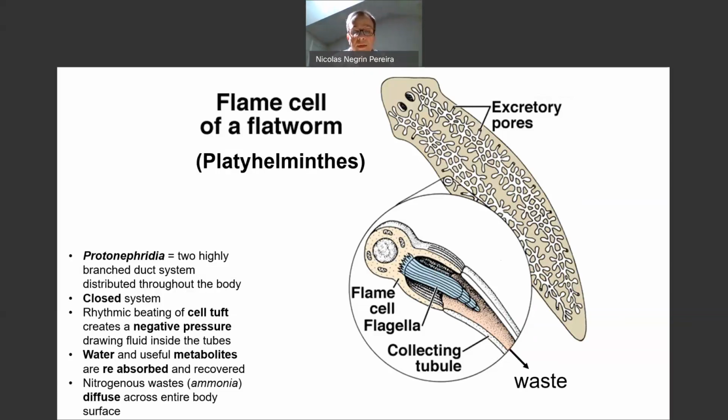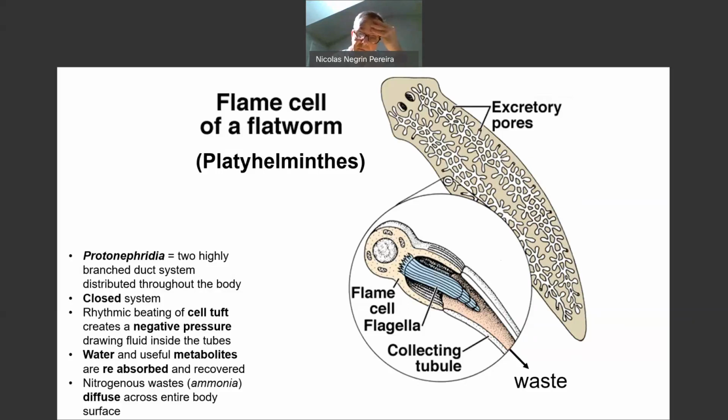Nitrogen waste like ammonia will be eliminated, and it won't represent a problem because it will be eliminated through the integument across the entire surface of the animal. So this is more of an osmotic regulation system than an excretion system.